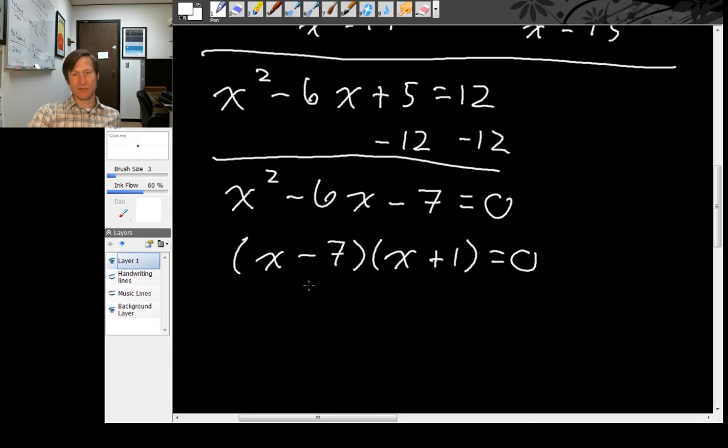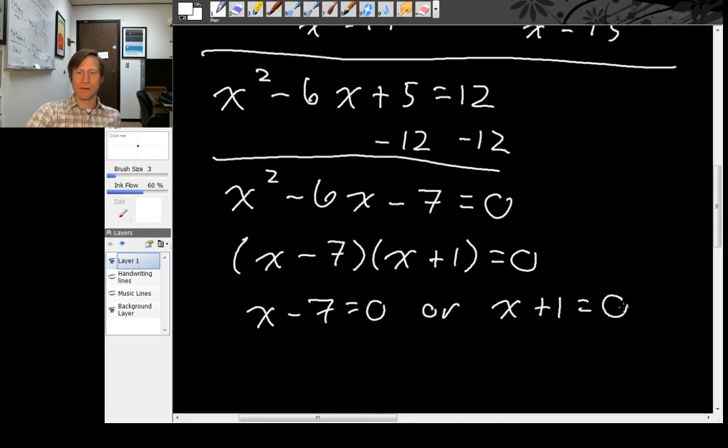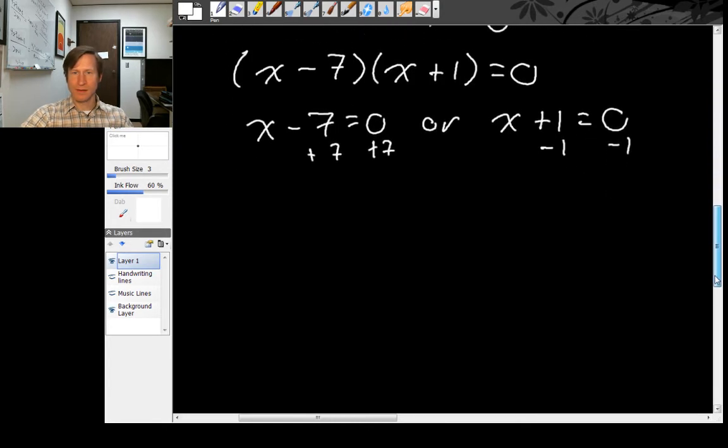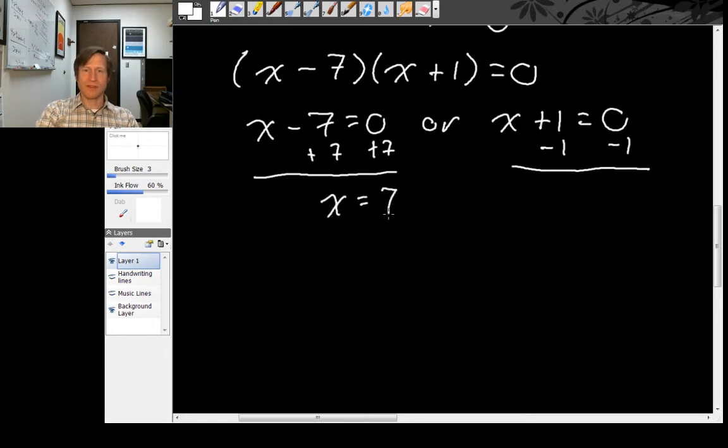So either this first part is equal to 0, x minus 7 equals 0, or the second part equals 0, x plus 1 equals 0. And then we can finish solving: add 7 over here, subtract 1 over here, and we get x equals 7, or x equals minus 1.